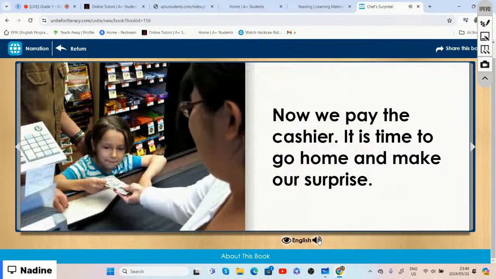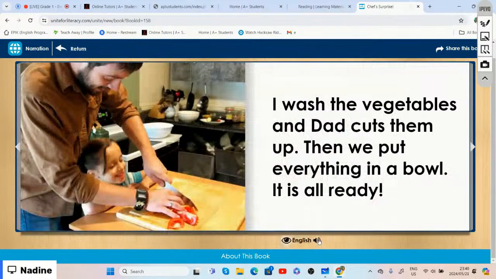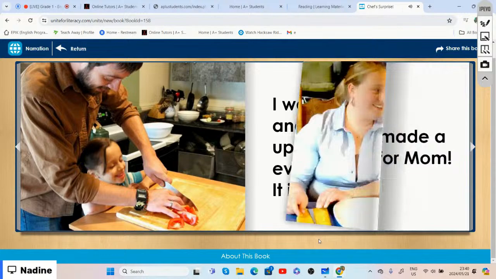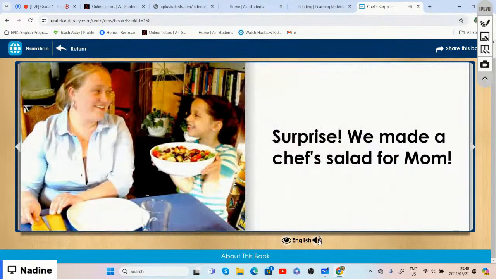It is time to go home and make our surprise. I wash the vegetables and Dad cuts them up. Then we put everything in a bowl. It is all ready. Surprise! We made a chef's salad for Mom.